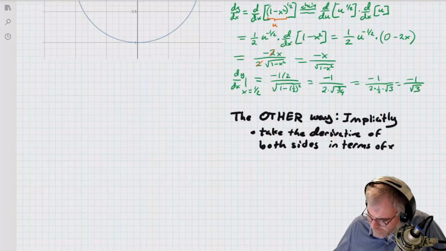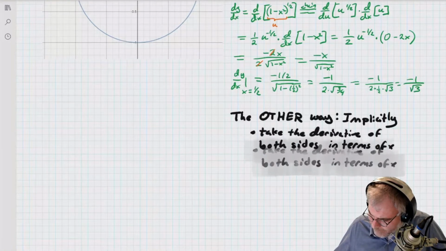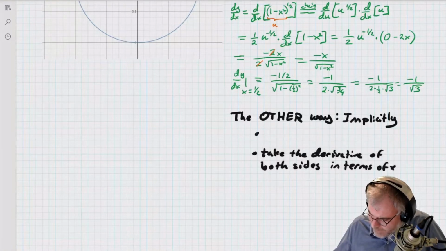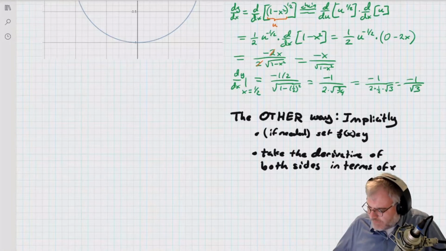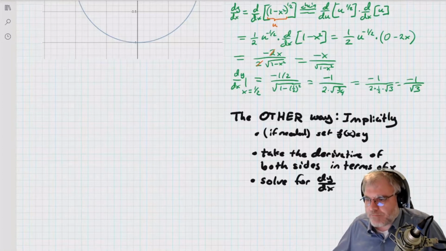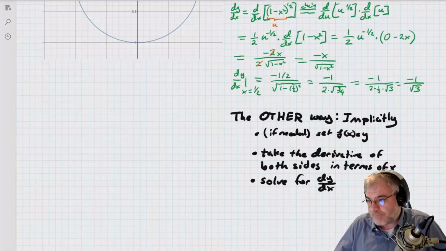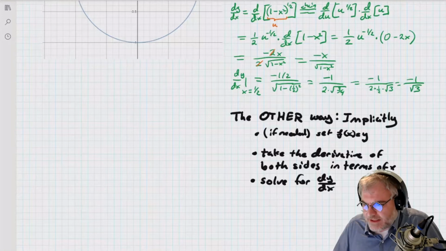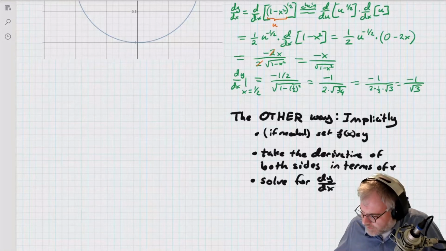I should say I'm going to set f of x equal to y. May not be needed. And then take the derivative of both sides in terms of x and then solve for dy over dx. Now, this first step will not be needed a bunch of times. So tonight, we might get to the places where I need it, but I might not. But if I need it, I need to set f of x equal to y. But I don't need to do that here.